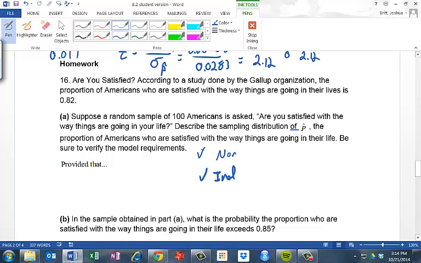And I'll just go ahead and let you know here that normality and independence will always be met for your homework and also for the exams. So you don't have to spend too much time checking these. Now the distribution, hopefully you were able to describe. p hat follows normal.